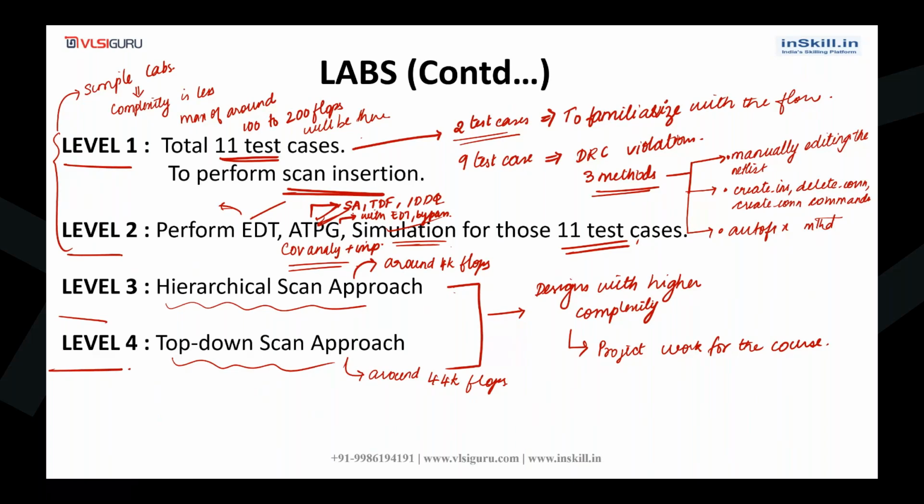So this is the flow which we'll be following in our level 3 and level 4 projects: IJTAG and EMBED insertion, EDT OCC insertion, synthesis, then scan, ATPG, and simulations.